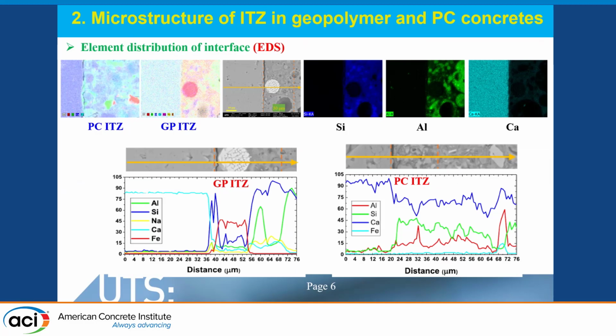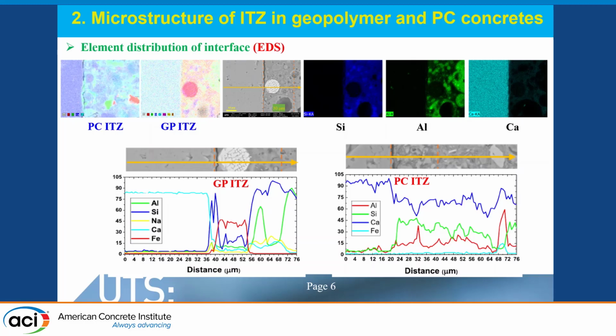Here is the ITZ analysis. For both, especially for the geopolymer, you see the major components at the interface: silica, alumina, and calcium. Most of the calcium you see on the aggregate because it is limestone.